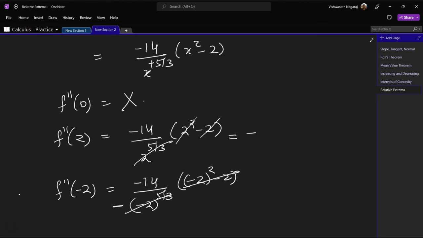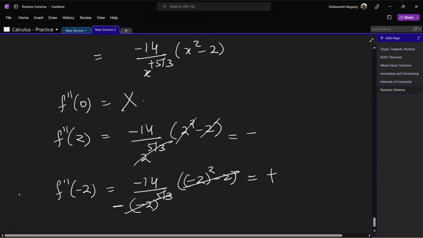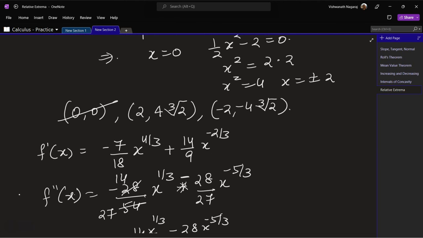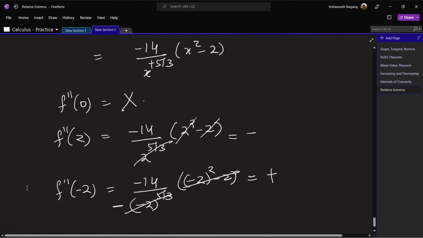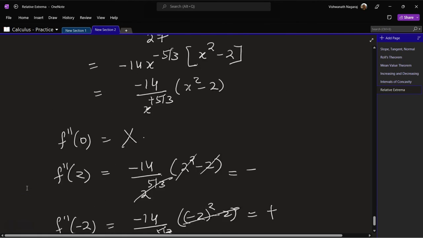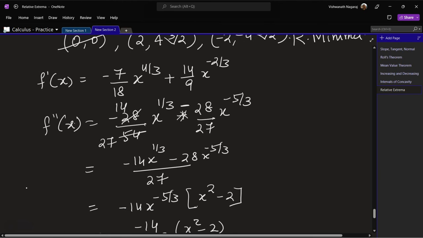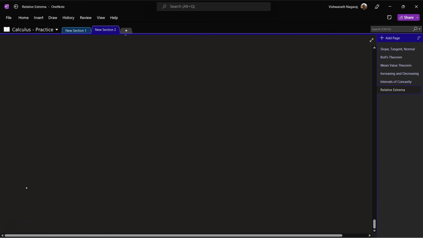It will be minus, minus times minus divided by minus will be plus. So which means 2 comma 2 is maximum, and this is going to be relative minimum. Yes. Okay, now let's look at the next one.